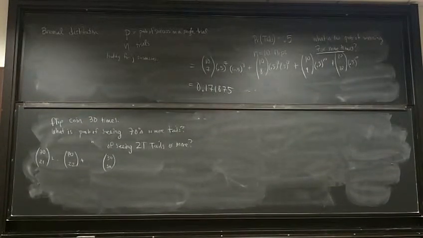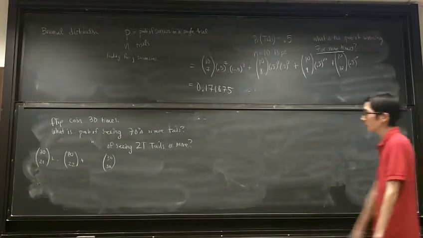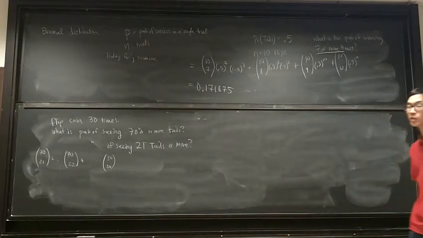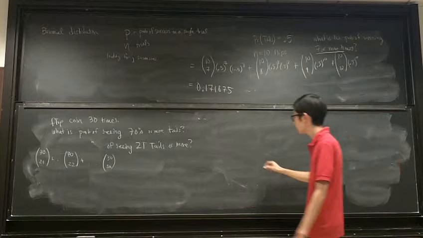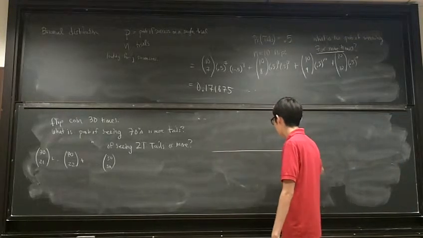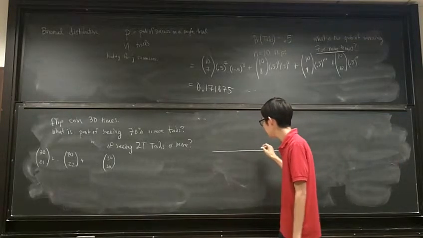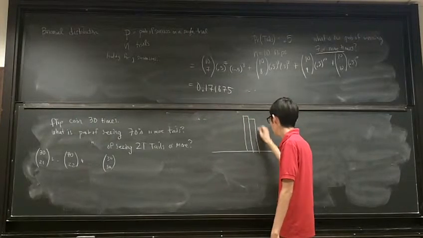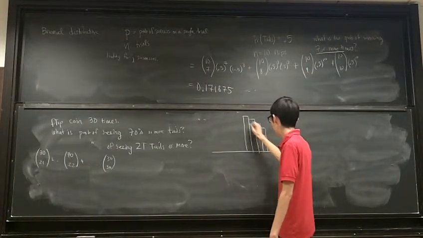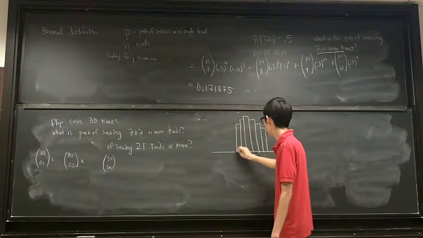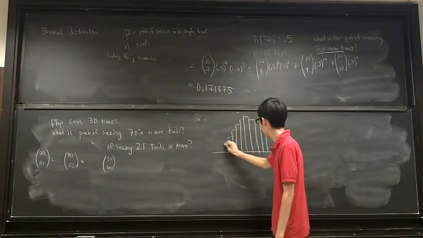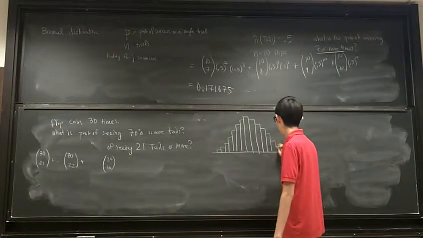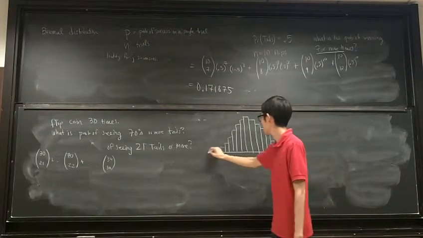So, what we can do is we can approximate this using the normal distribution. Because if you look at the binomial distribution, because it's discrete, it looks like this. But it ends up looking very similar to the normal distribution.